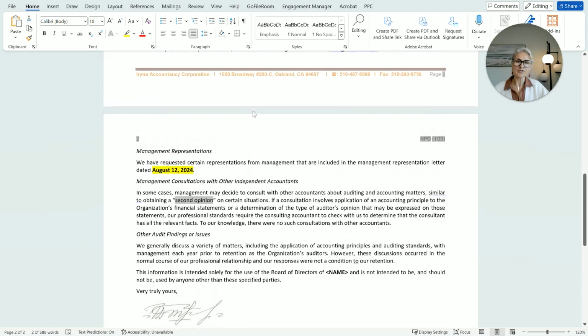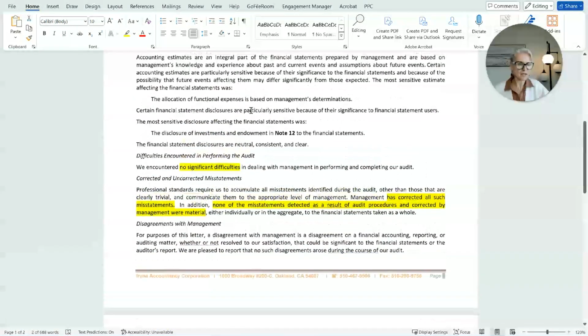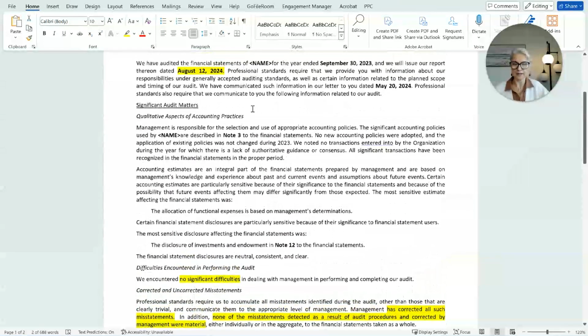The board members have to read and understand that letter. If they don't understand, they need to contact the auditor and obtain clarification. But based on the letter provided, the board member would need to review note 12 about endowment and make sure they understand.